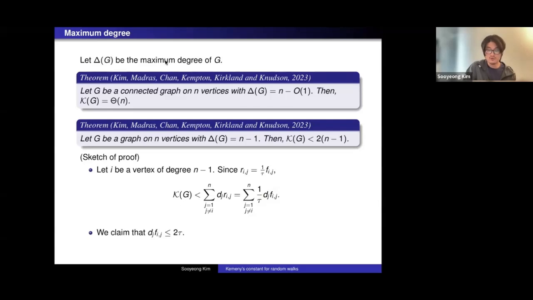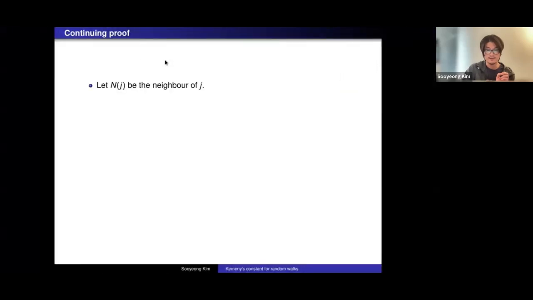To prove this inequality, I'm going to convert the question into an enumerative combinatorial question. I'm going to choose a combinatorial object that represents the left-hand side, and some other combinatorial object that represents the right-hand side. For that, let me define the notation: N(j) is the neighborhood of j.